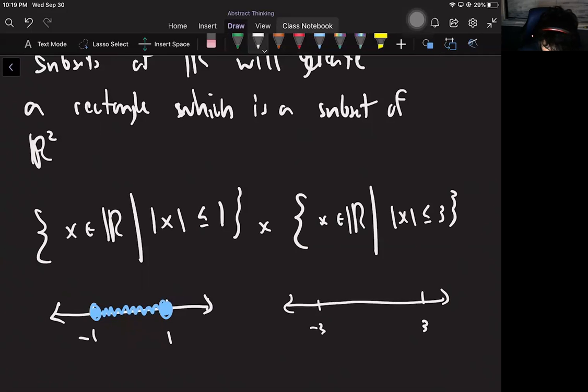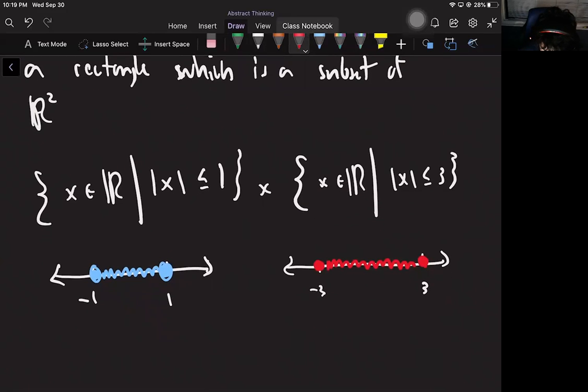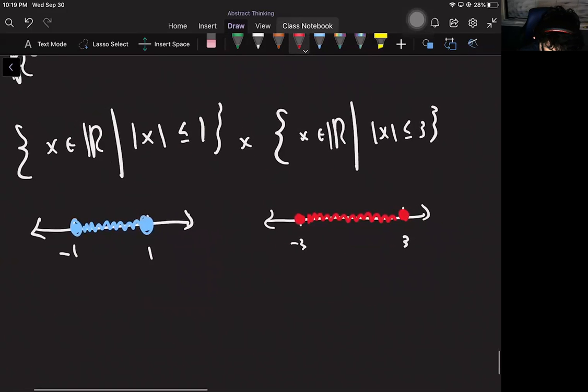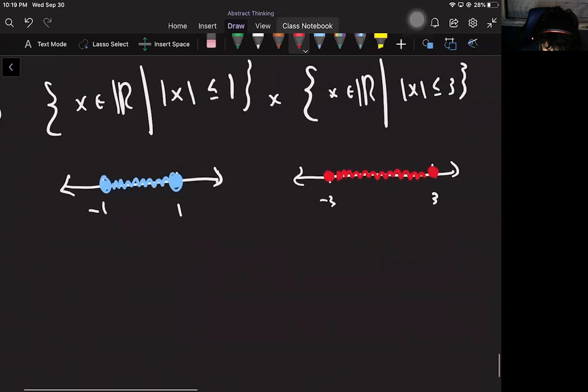It's much different than union and intersection, so you should also still be thinking about those older things. Union would just be what are all of the points in total that you get when you glue them together. Intersection would be what they have in common. The product is much different. You create a whole new dimension. These are both lines, and then you create a rectangle.